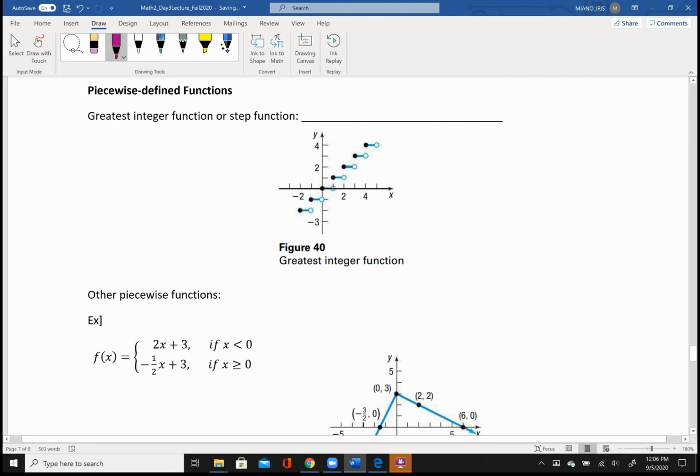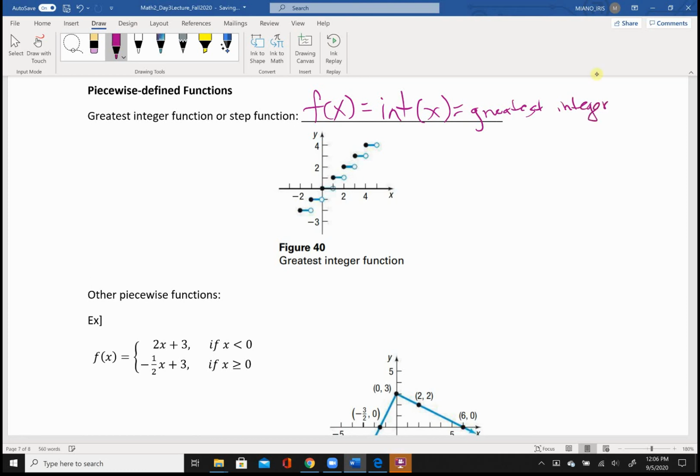Okay, so f of x is called a special int function, int of x, which is just to say it's the greatest integer less than or equal to x. I'll write that in: greatest integer less than or equal to x.